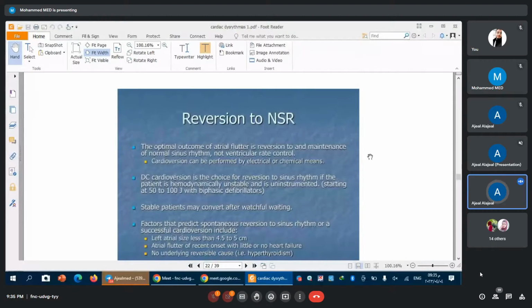Atrial fibrillation is difficult, and supraventricular tachycardia is even easier. It can also be done by drugs, and again the drug is amiodarone. When you take amiodarone, you don't only control the rate, but you may convert the rhythm back to normal as well. Next slide, please.